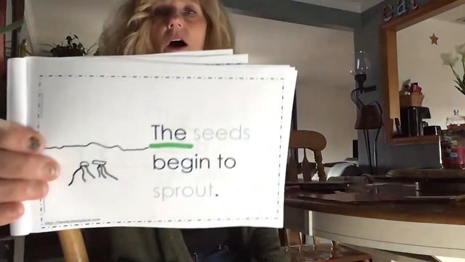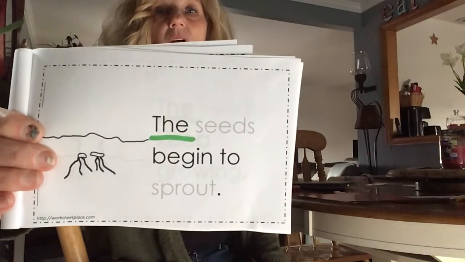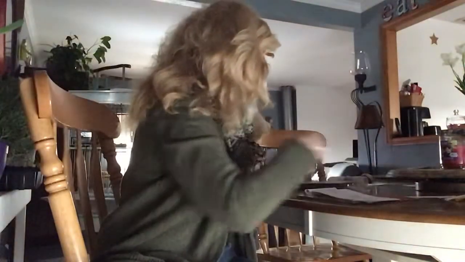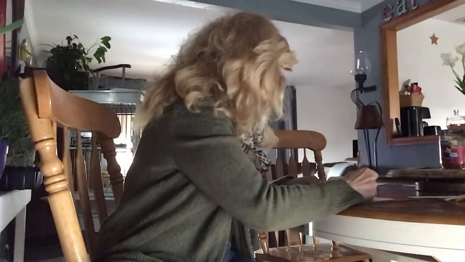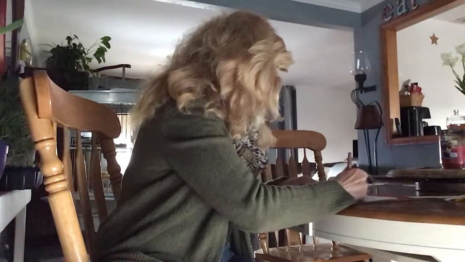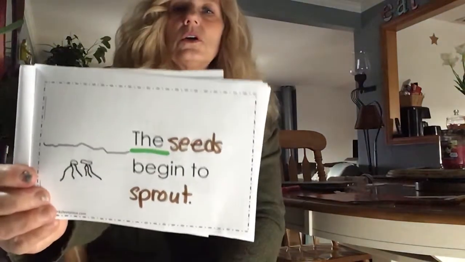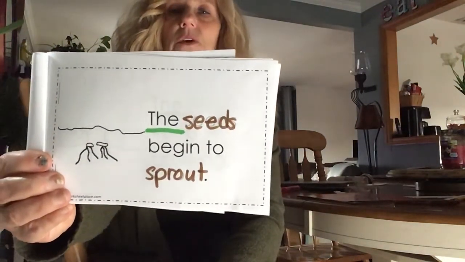Here's another page. The seeds begin to sprout. So I'm going to trace over seeds, and I'm going to trace over the word sprout. By writing these words over and over, that's how I learn the words, the vocabulary.